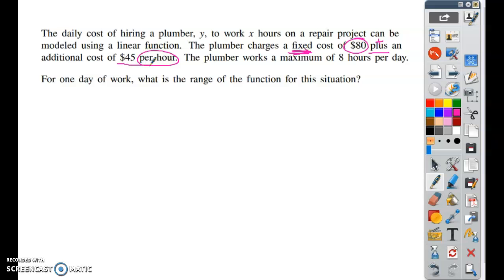What's my equation? Y equals $80 plus $45x, because it's 45 per hour, so it's 45x.